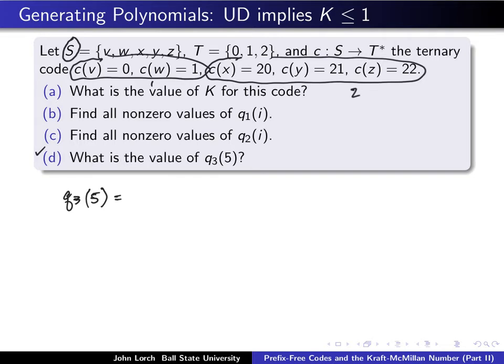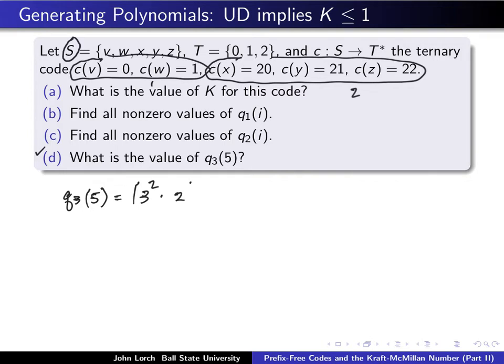So how many ways can that be done? If we're going to choose 2 things in order from the latter 3 code words, there are 3 squared ways to do that. And then if we're going to choose something of length 1, there are 2 ways to do that.